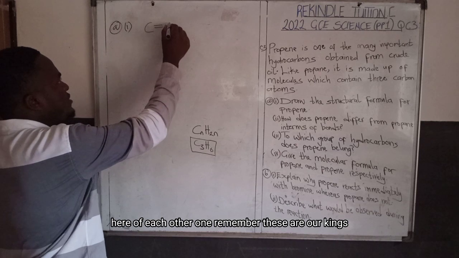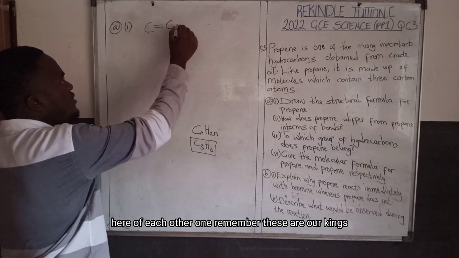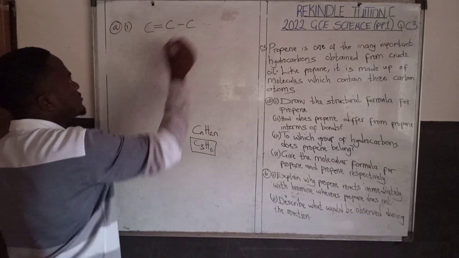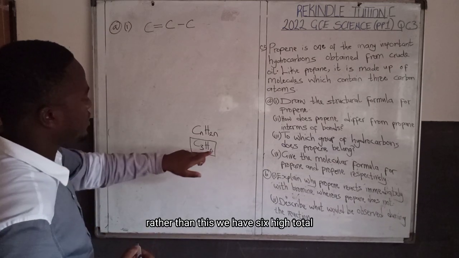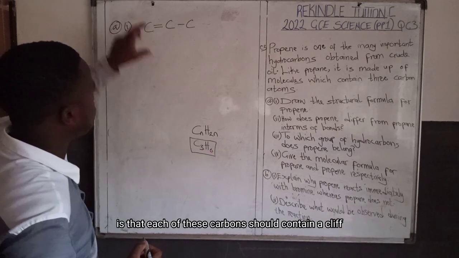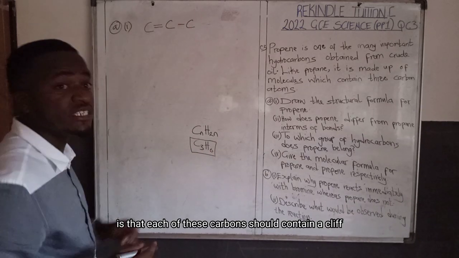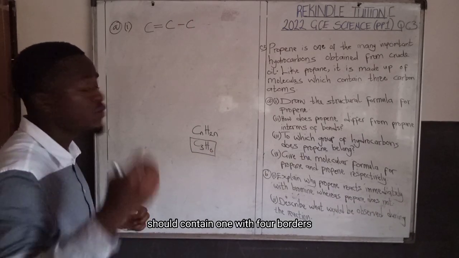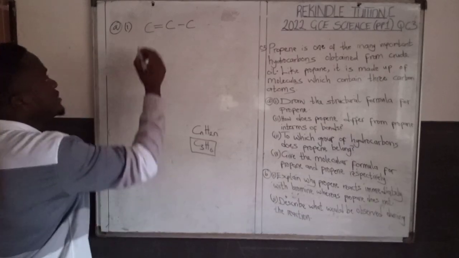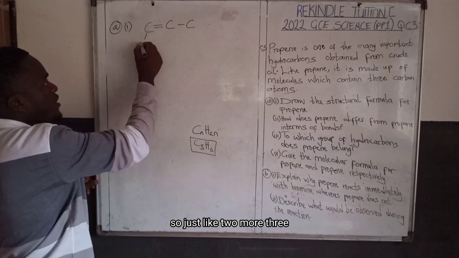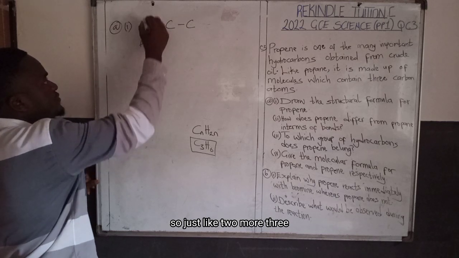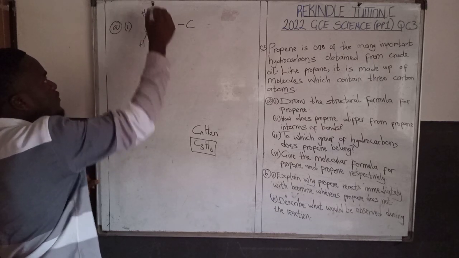Here we have a double bond. Remember, these are alkenes. Okay. So having done this, we have 6 hydrogens, and each of these carbons should contain only 4 bonds. So this one, it already has 1, 2. So we'll just write 2 more, 3, 4.